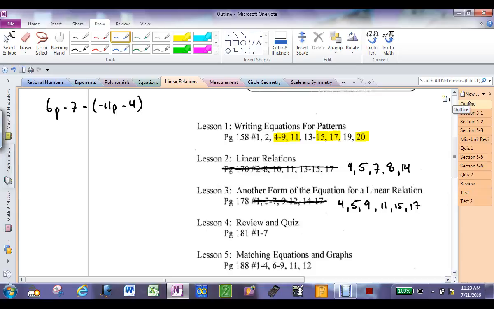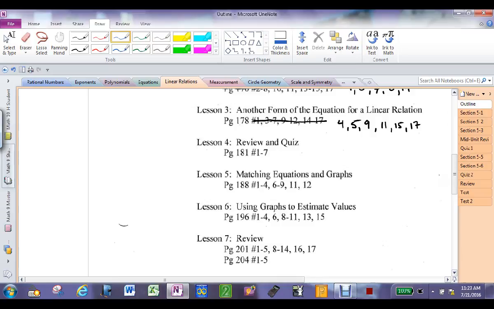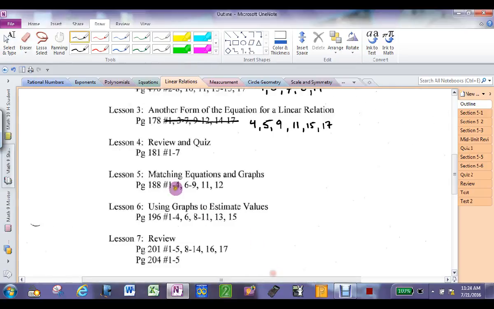You have 27 minutes to work on page 188, and you are going to do 3 and 4. You are going to do 6 and 8.